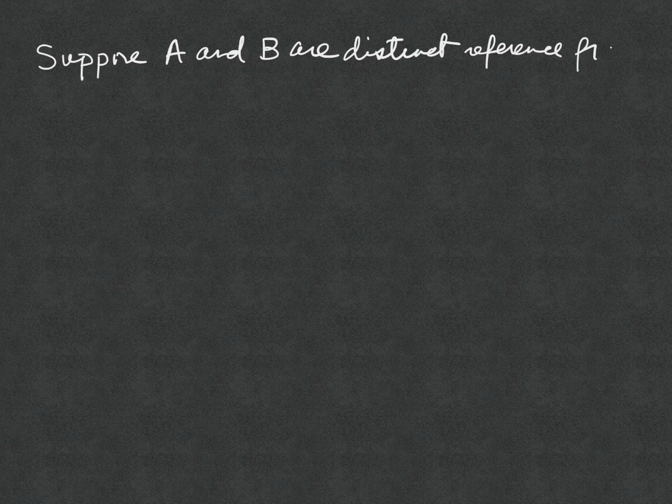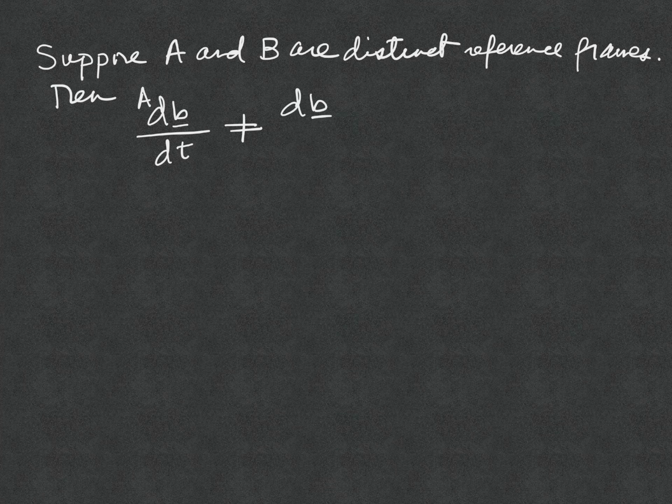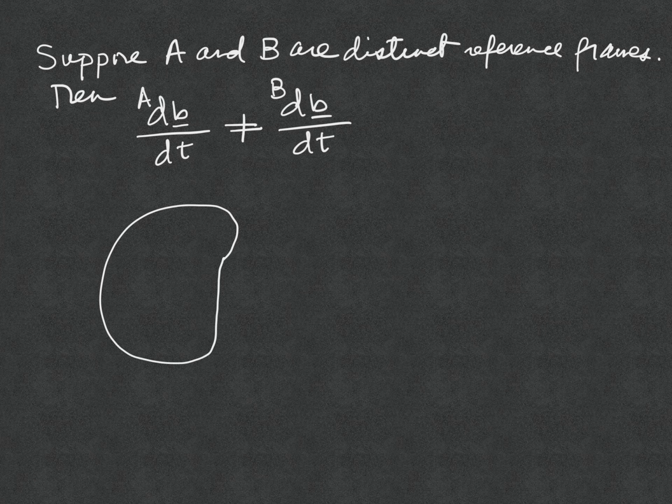Then the rate of change of the vector B in frame A in general is not going to equal the rate of change of the vector B in frame B. So if I'm standing in two frames, I suppose I have two frames here, and for simplicity, I'm just going to assume that there's a point from which distances are measured, and that point is fixed in both frames.